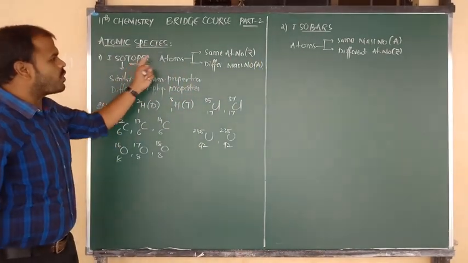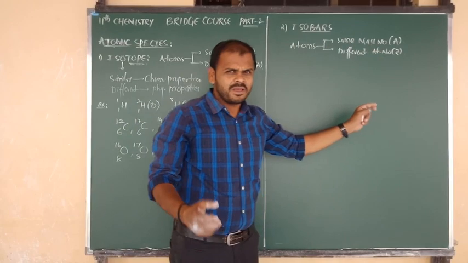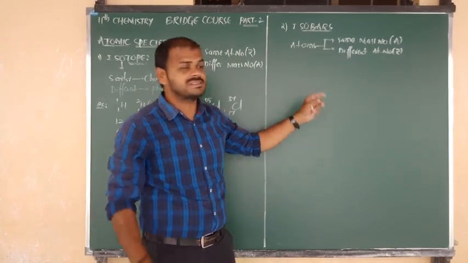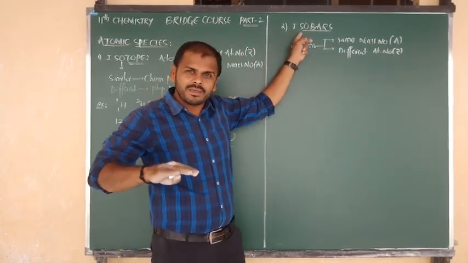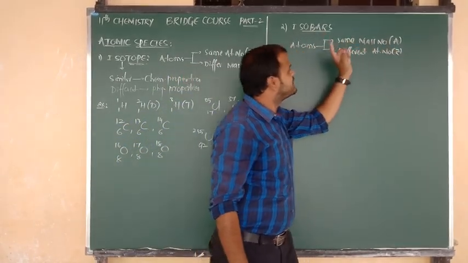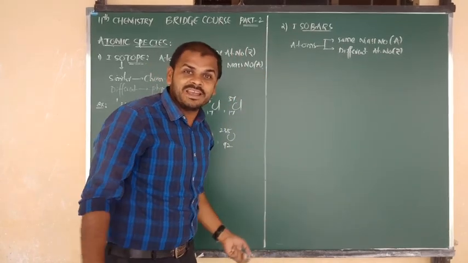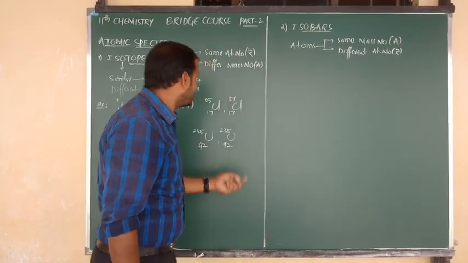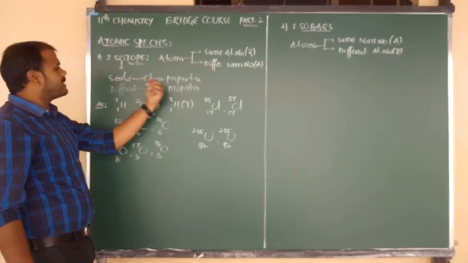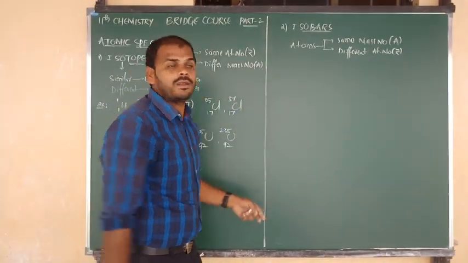What about isotope? Atomic number is same. What about isobar? Mass number is same. Here also we can apply our own language: iso means same, bar means weight, weight means mass. So mass number should be same, and they show a difference in atomic numbers. And what about physical and chemical properties? It is also quite opposite. For isotopes, atomic number is same, so chemical properties are similar, but for isobars atomic number is different, so chemical properties are different.